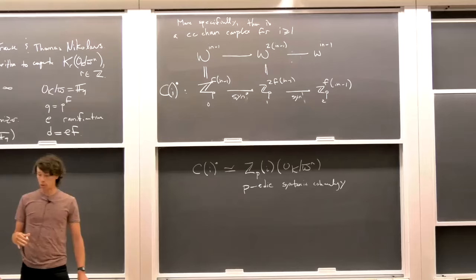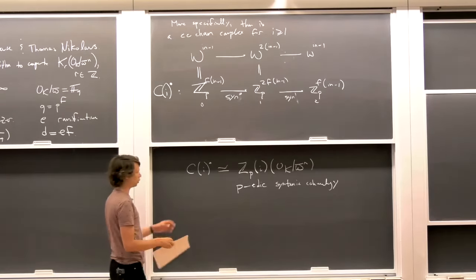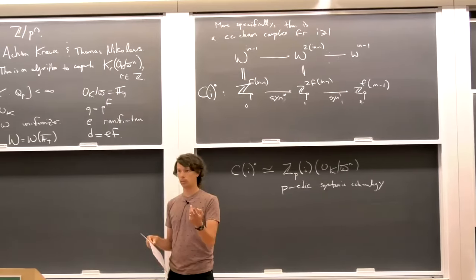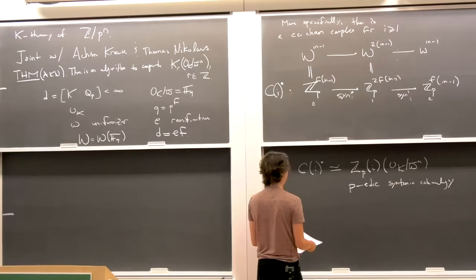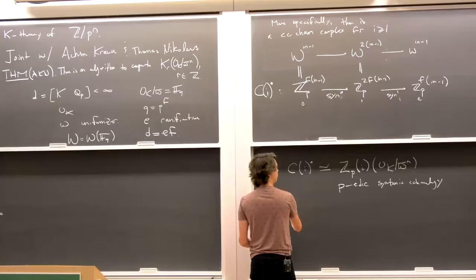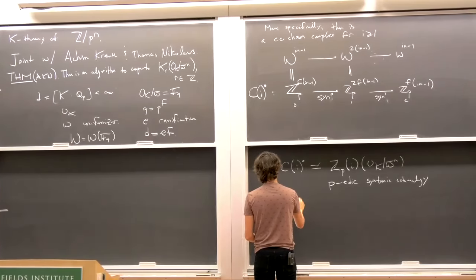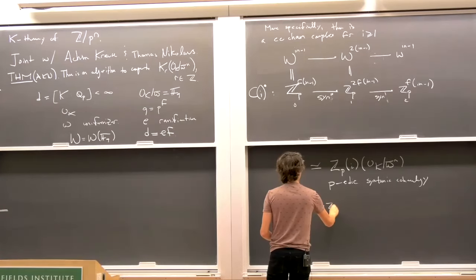As a result of work of Bhatt, Morrow, and Scholze, this prismatic syntomic cohomology is closely related to topological cyclic homology, and that's closely related to algebraic K-theory. So in this case, what that gives us is the 2i minus first K group of O_K mod pi to the n with Z_p coefficients.